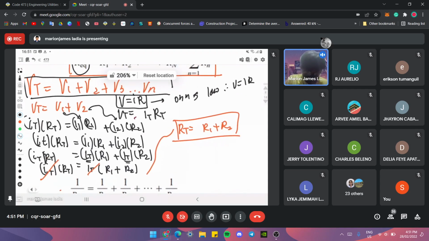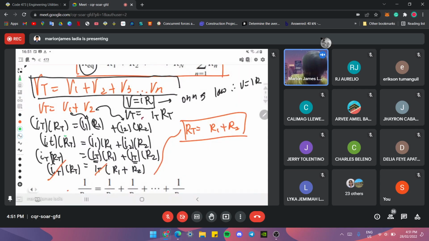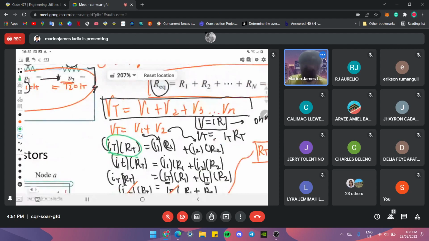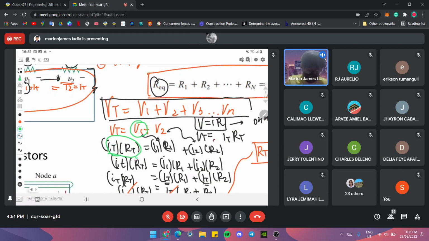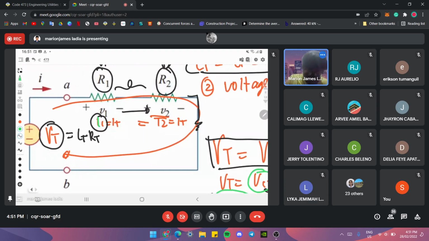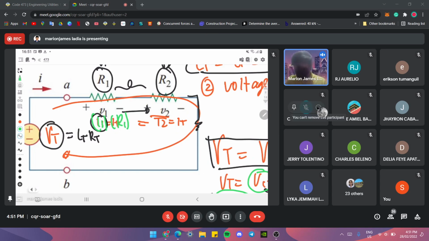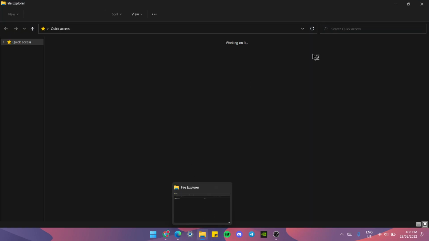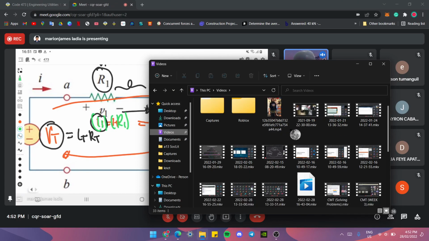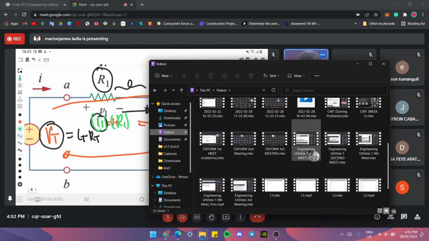So dito yan. Ito. Okay? So titignan natin ha. V total is equal to I total multiplied by R total. And also, I have my voltage 1. Okay? So take note that my voltage 1 was, syempre, I1 multiplied by my R1. So whatever current that is entering to my resistance will be equal to the voltage that is in my resistance or in my element in that specific magnitude of current.